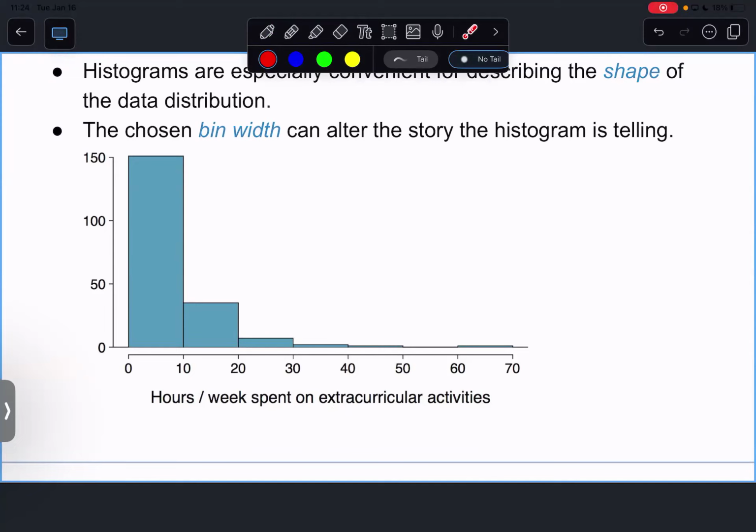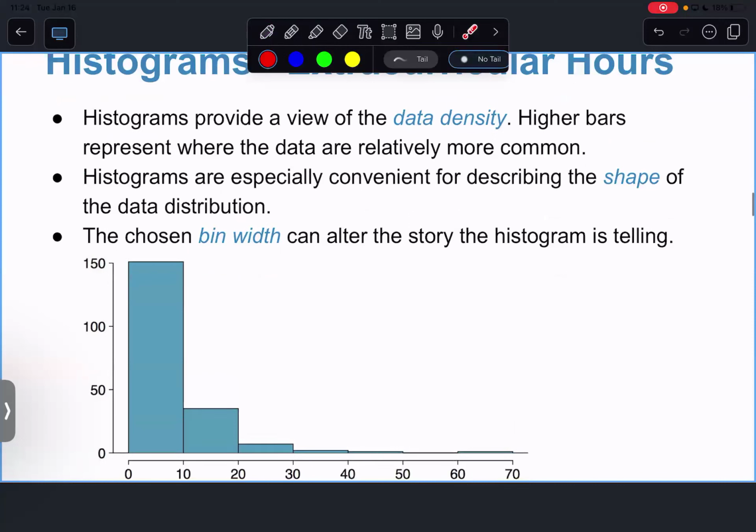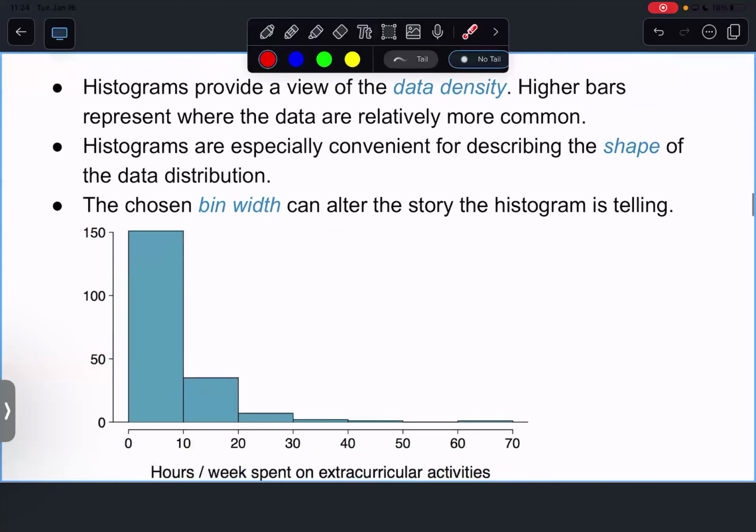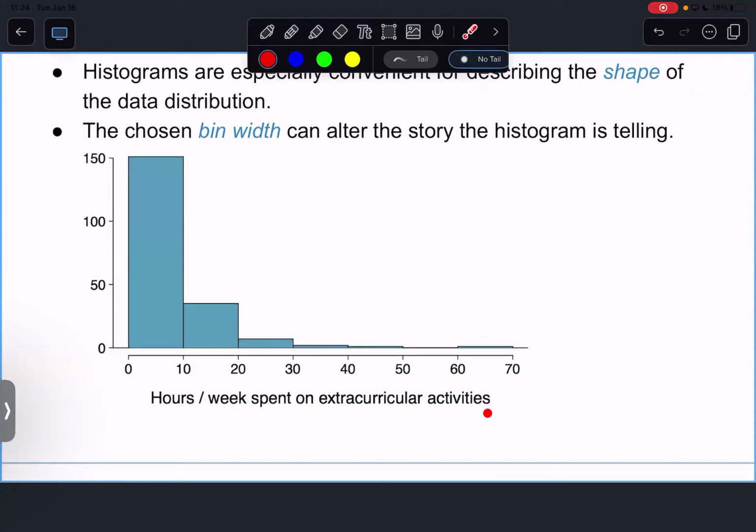Now, a couple of terms. They talk about the data density, but really what we're talking about is the count in each of the bins. Anyone who reported between 0 and 10 hours per week spent on extracurricular activities makes up one part of these bars, and then we stack them on top of each other.